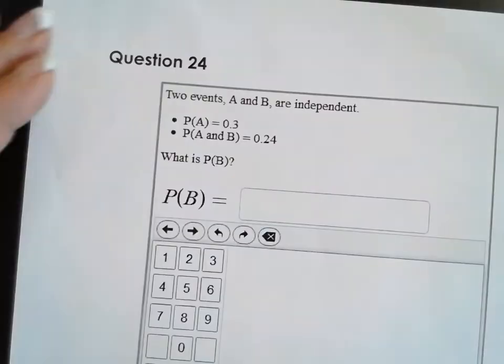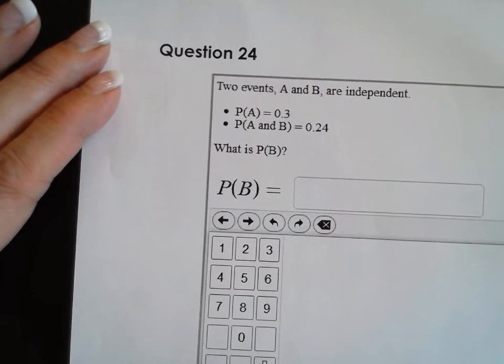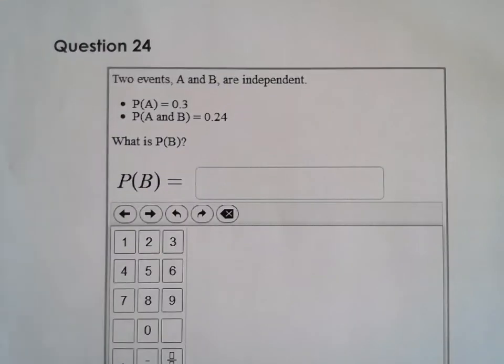All right, probability. Two events are independent. Probability of A equals 0.3. The probability of A and B equals 0.24. What's the probability of B? Do you remember the rule for testing for independence?